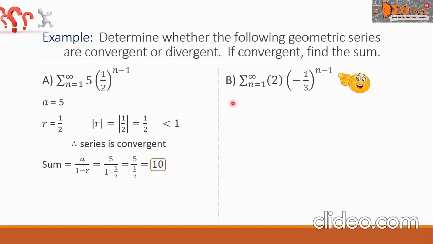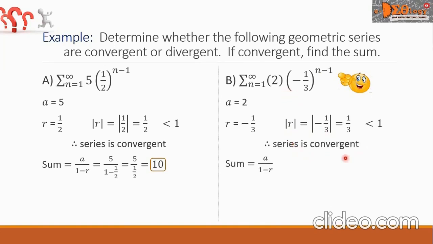Now, problem B. Collecting the values, a equals 2 and r equals negative 1/3. The absolute value of r is equal to absolute value of negative 1/3, and this is equal to positive 1/3. And 1/3 is less than 1. So we say that the series is convergent. We can use the formula for the sum.